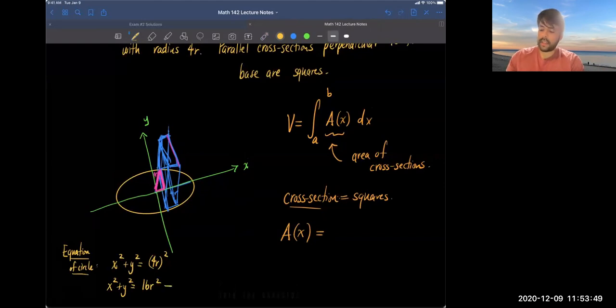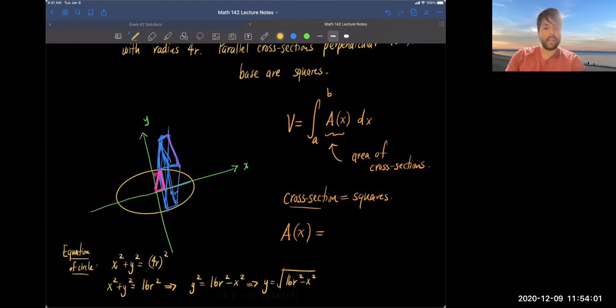So what does that tell me? That tells me that y squared is 16r squared minus x squared, which means that y is equal to the square root of 16r squared minus x squared. But what is that? That's the y value here, right? So if you look at this portion, half of the side of one square is equal to y.